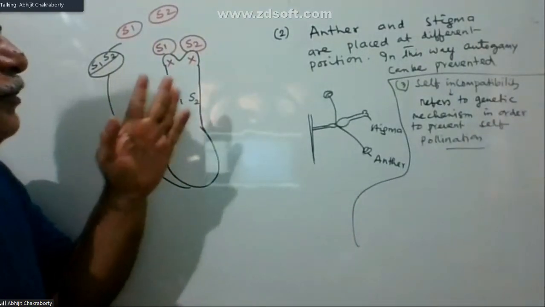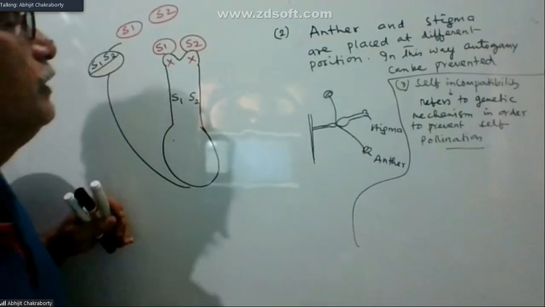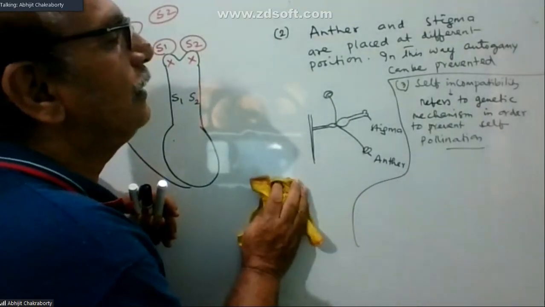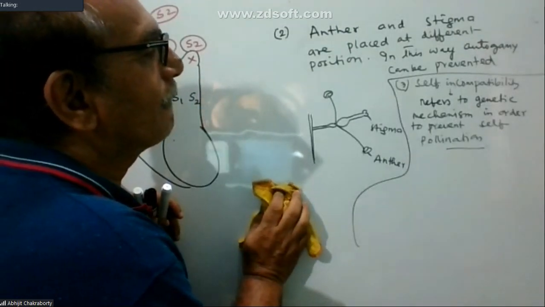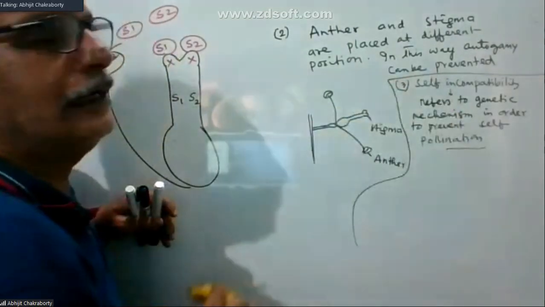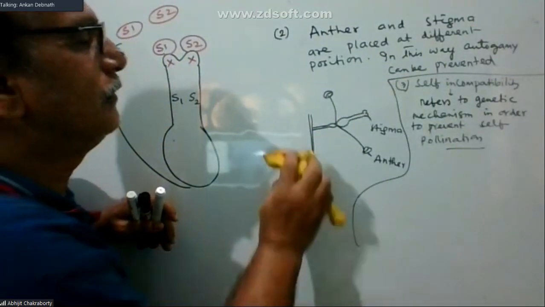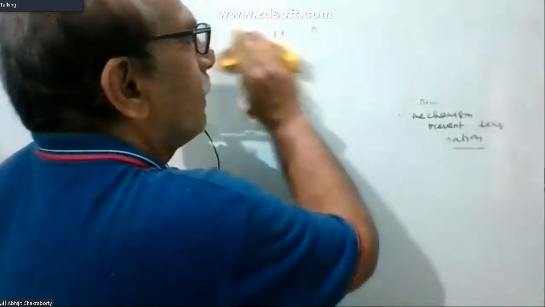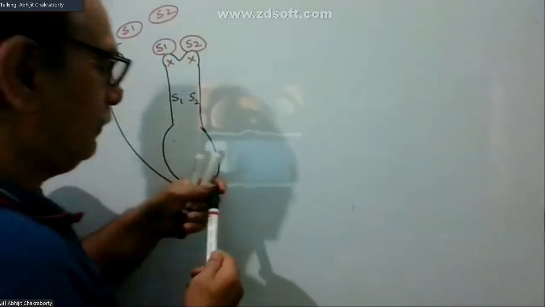Now you see, I am showing you in other two cases. Then it will be better for you to understand. Now you see what happens. I am showing another two diagrams here.